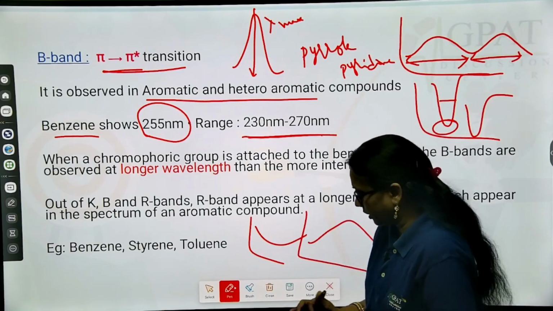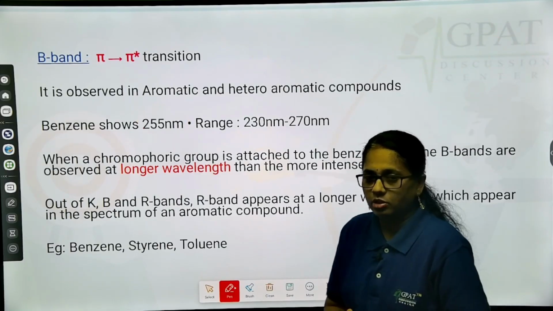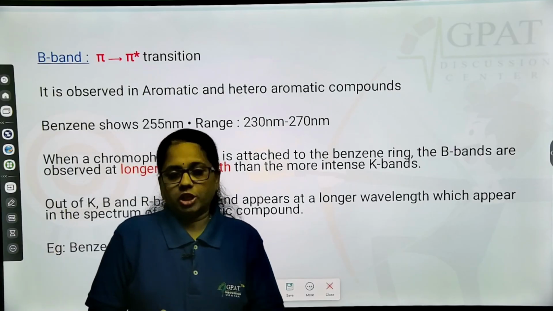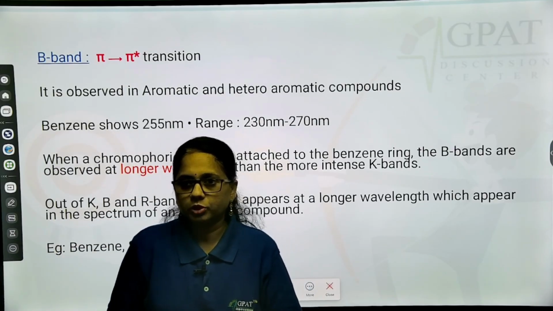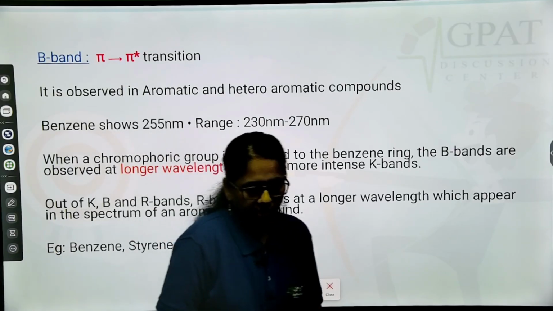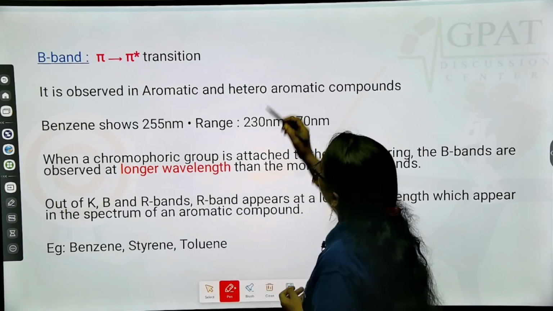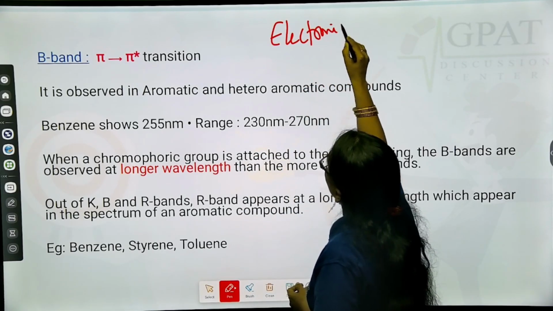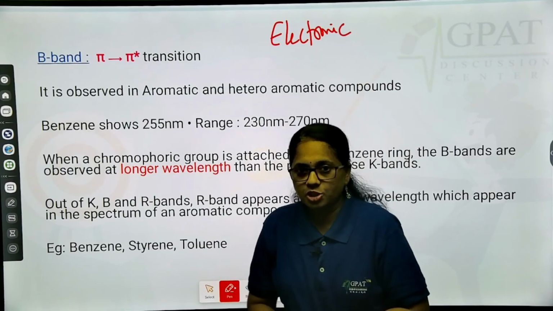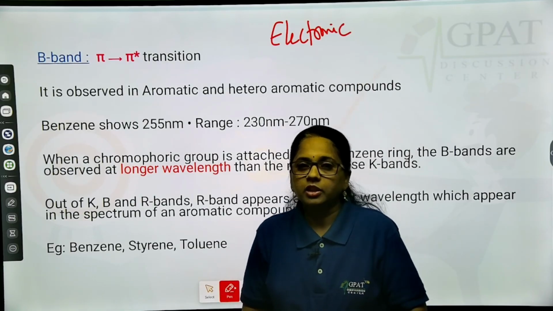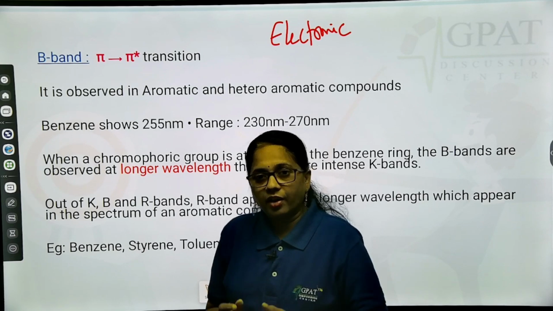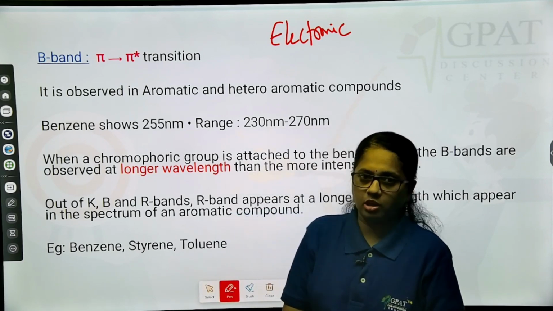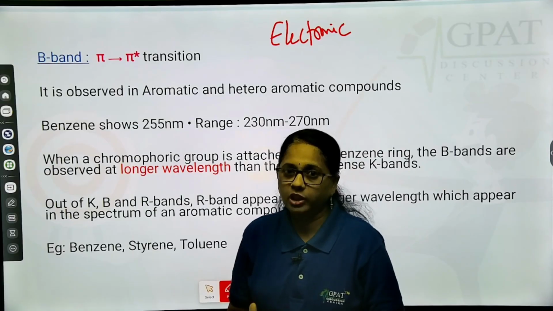Actually there is a reason for it, because whenever we give energy to the molecule, UV light especially is going to cause the electronic transitions. But as such the molecule naturally has vibrational energy as well as rotational energies present.